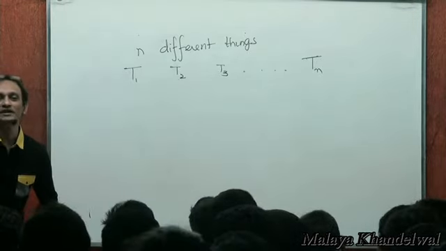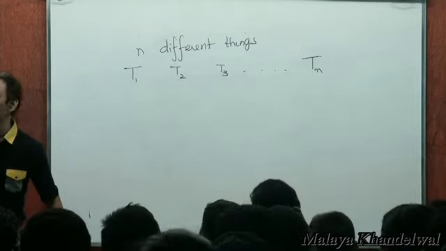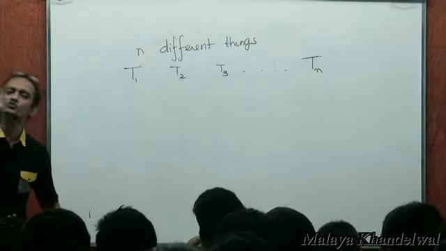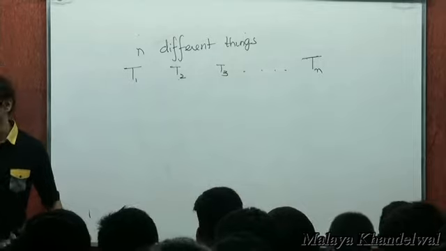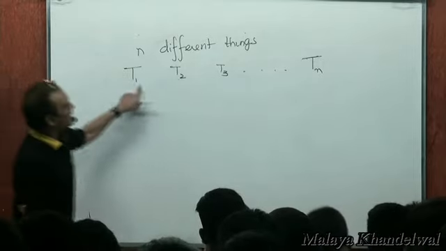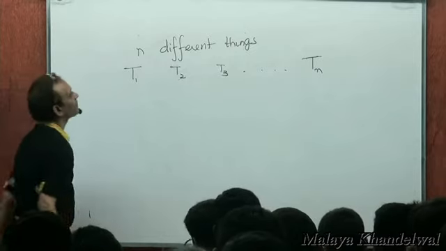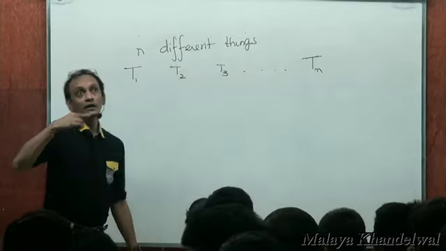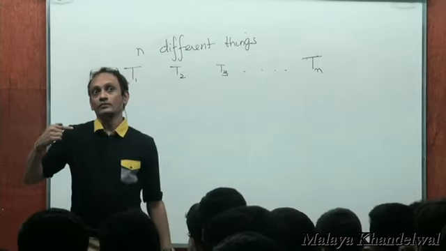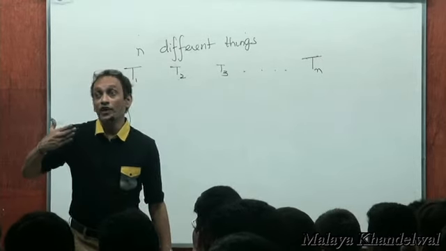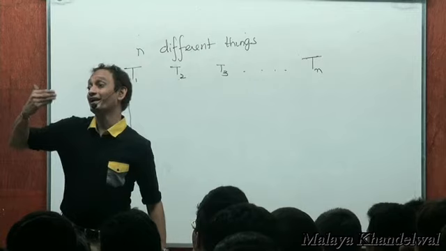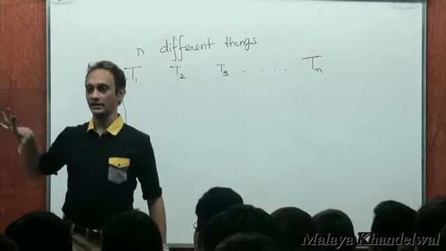Which means T1 can't be used multiple number of times, T2 can't be used multiple. That's when I say there is one instance of each of these things available for use. And I want to find the permutations of these n things taken r at a time.